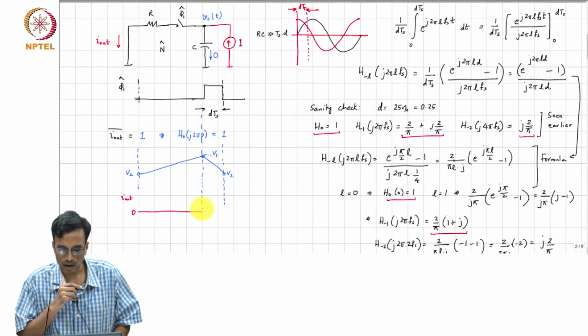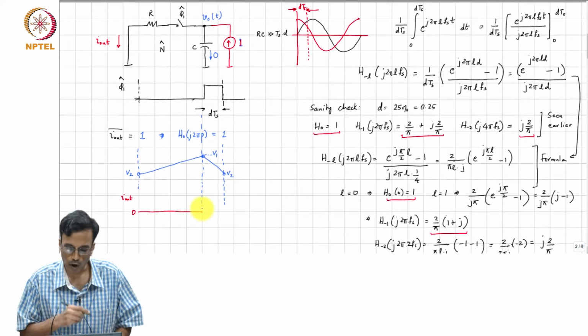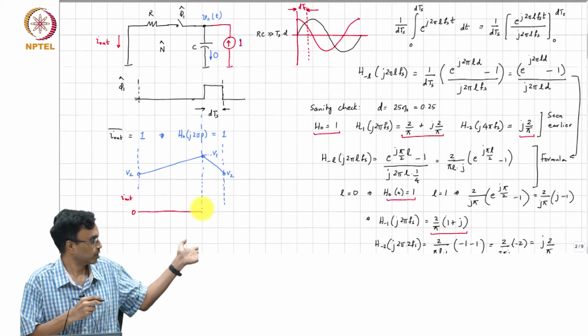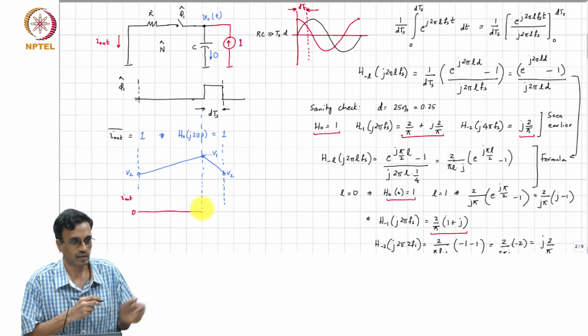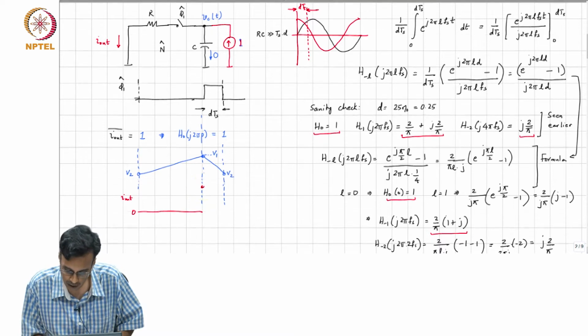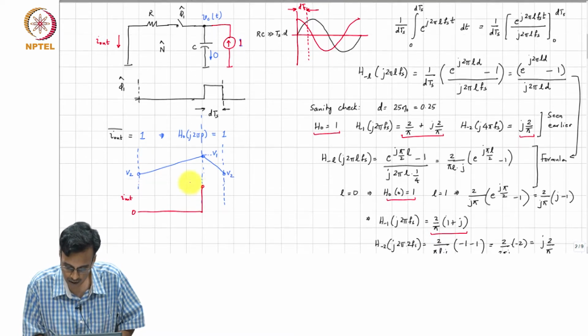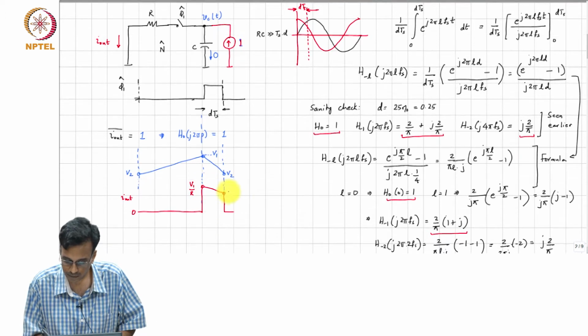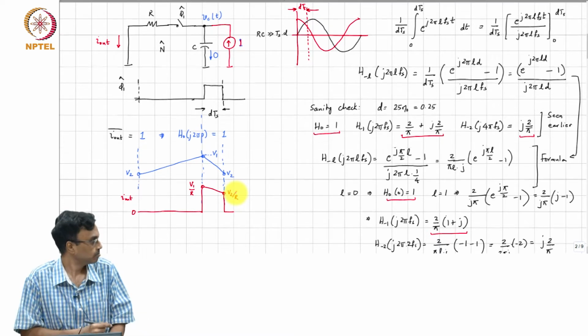Okay. So, when the switch is closed, what comment can you make about the current through R? It will decrease, but what is it? We know the voltage waveform across the capacitor. V1 by R to V2 by R. All right.